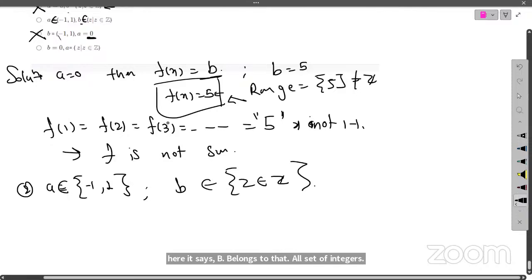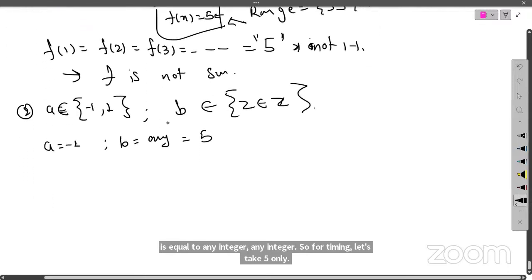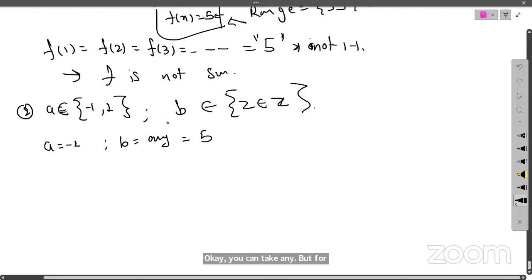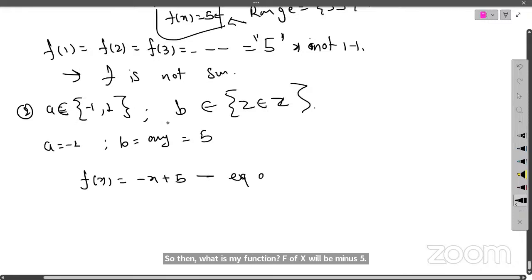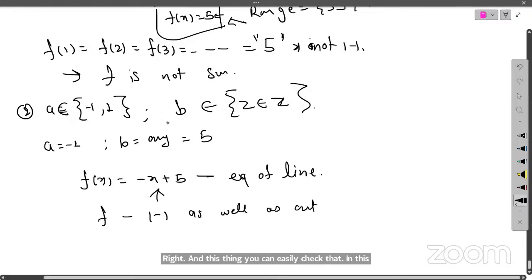Okay, so here if I take a is equal to -1, and b is equal to any integer, for the time being let's take 5 only. You can take any integer, but for now let's take 5 and observe what is happening. So then what is my function? f of x will be minus x plus 5. And what is this? This is an equation of a line. And you can easily check that in this case, f will be 1-1 as well as onto, because it's just a line.